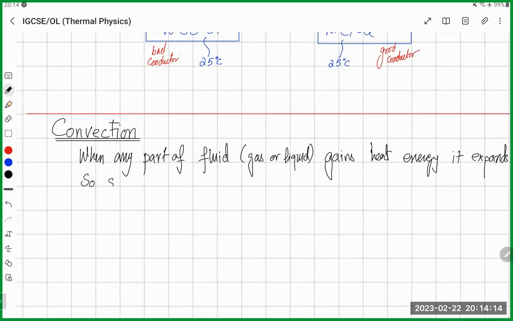So same mass has more volume, hence less density. Okay, so when the same mass has more volume, it means it has lesser density.